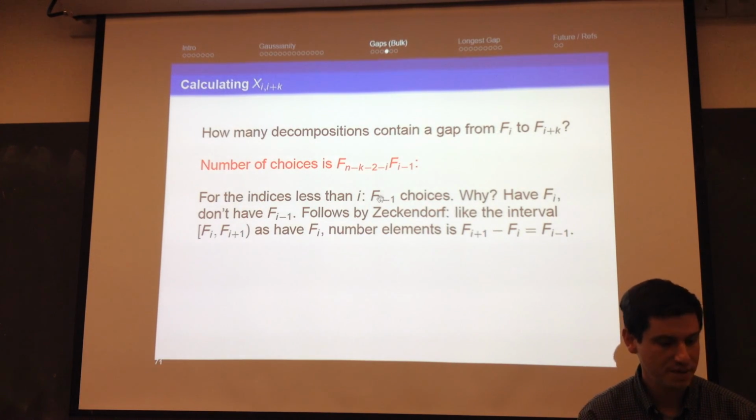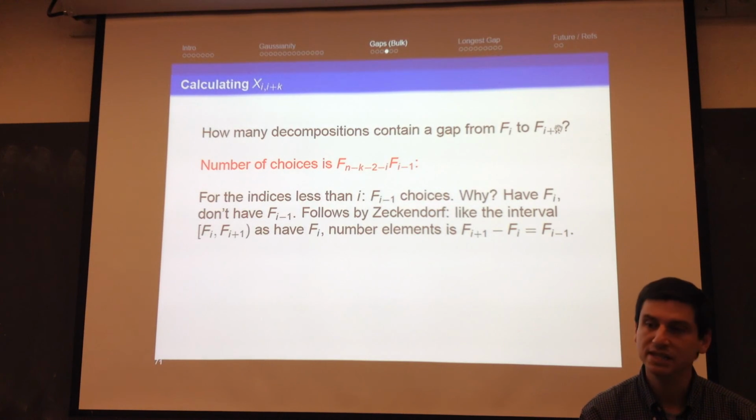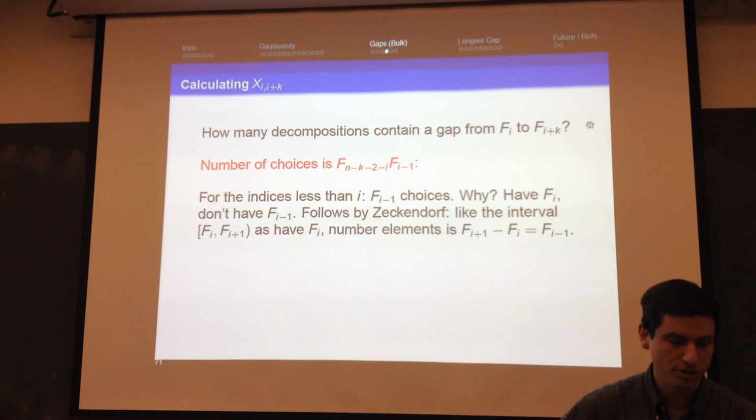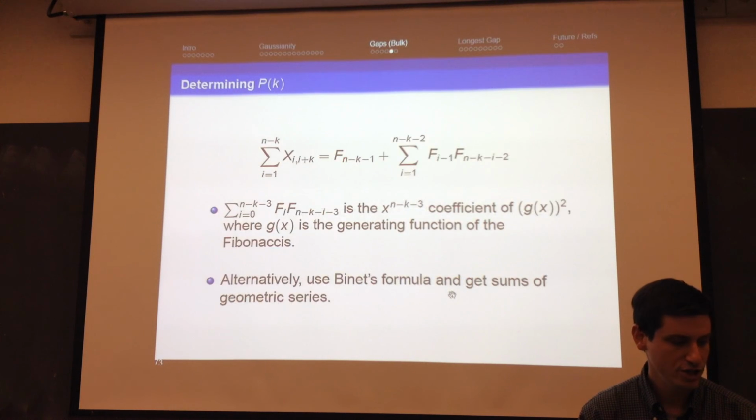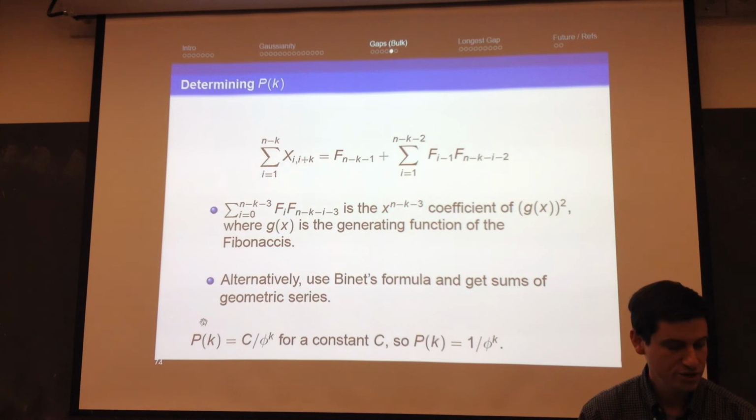And that turns out to be F_{i-1}. You now look at how many legal ways, well, if I have F_{i+k}, I can't have F_{i+k+1}, but F_{i+k+2} is now legal, and you can see how many you would have in something like that. You multiply, you now have a product of 2 Fibonacci numbers. You can use Binet's formula, you can use generating functions, and you turn out to get a beautiful geometric decay.